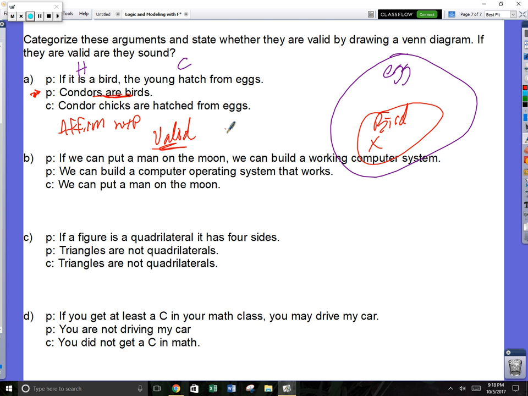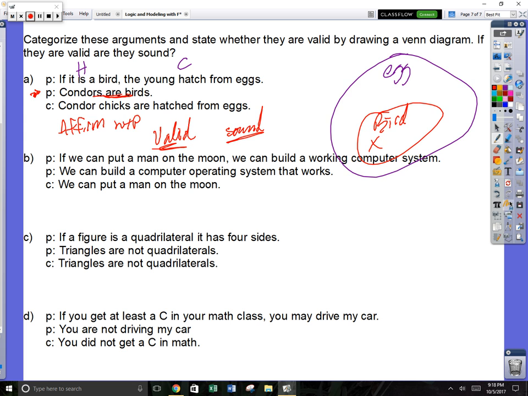But to me, that's probably sound. I think probably all birds hatch from an egg. I'd maybe bet on that, but I don't know. You'd have to Google it to be sure. If you even found just one species on Earth that did not hatch from an egg, then you could prove it wrong.